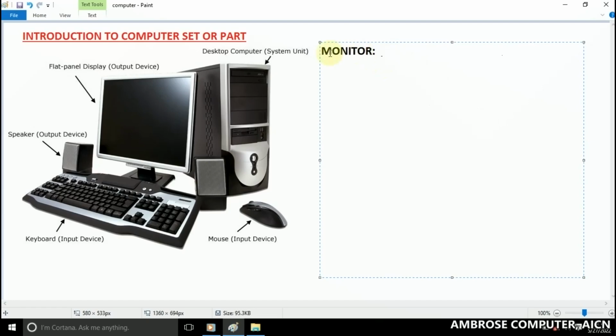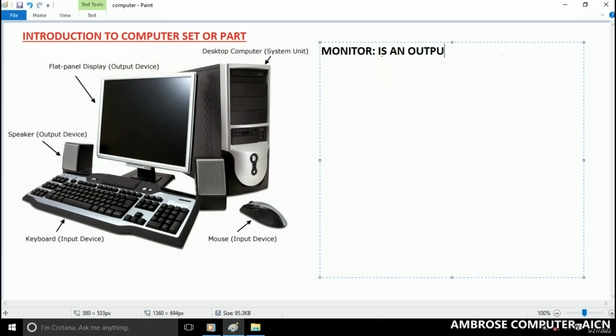So let's start. I'm starting from the monitor. What do I mean by monitor? I'm going to give you the definition and its functions in this video. A monitor is an output device, not input, sorry.